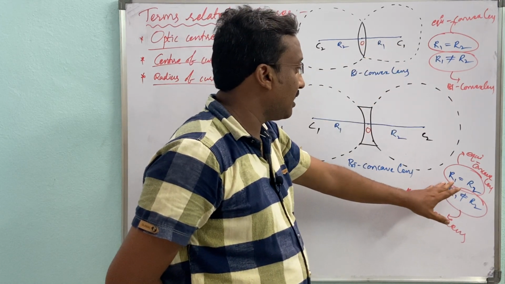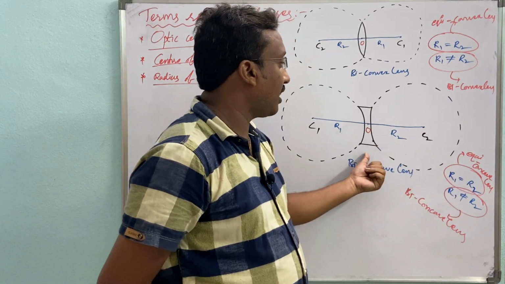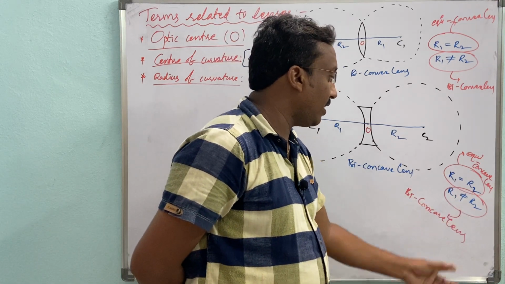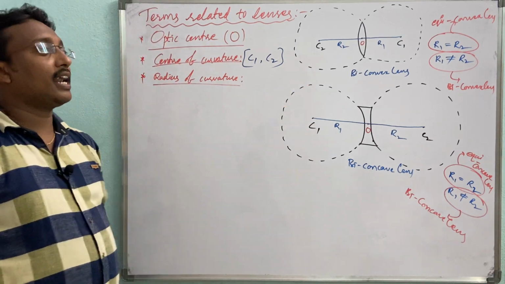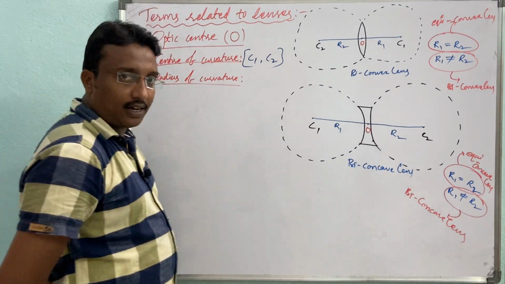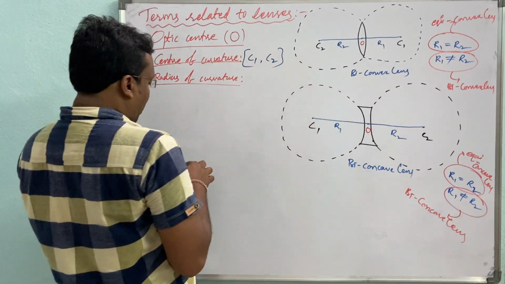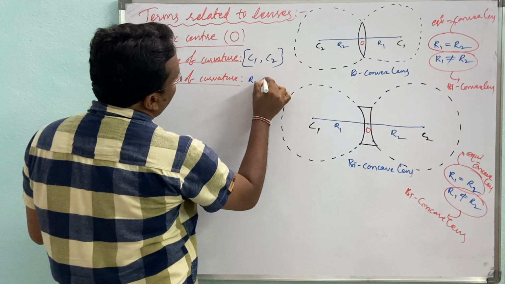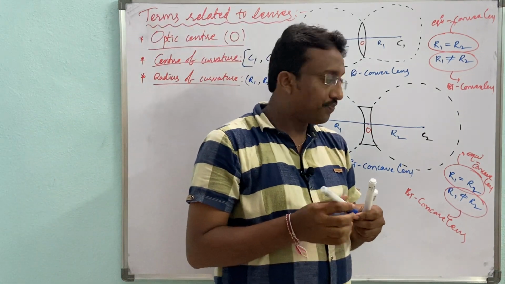If the radii of curvature are equal in a concave lens, it is called an equiconcave lens, and if different, we call it biconcave lens. Got it, right? And lenses also have two radii of curvature. Why? Because they have two centers of curvature, no, right?